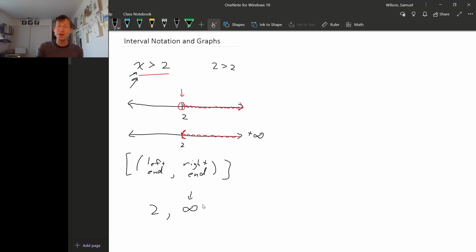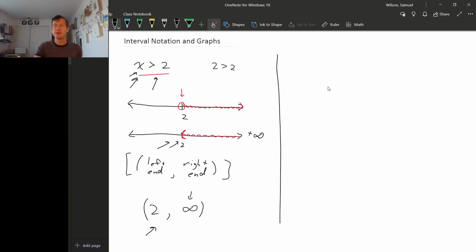So we will always exclude infinity, and to indicate that this endpoint is not part of our interval, we use a parenthesis, a round bracket. Now for the left-hand endpoint, is 2 part of our interval? It's not. We noticed that earlier, so we use a parenthesis on the left as well. So there's the interval notation, there's the graph, and here's the inequality that it came from.